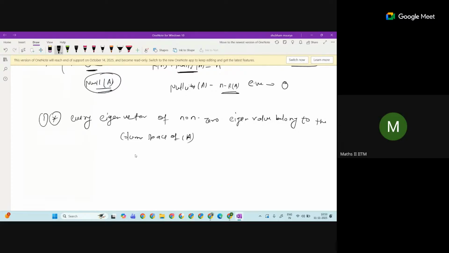How is this happening? The case is simple. We know that if v is an eigenvector, then Av is equal to lambda v. So we can write v is equal to 1 by lambda times Av, if lambda is non-zero. And how are we getting this v?